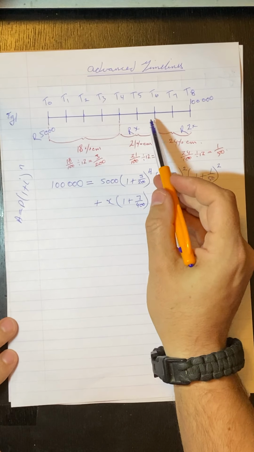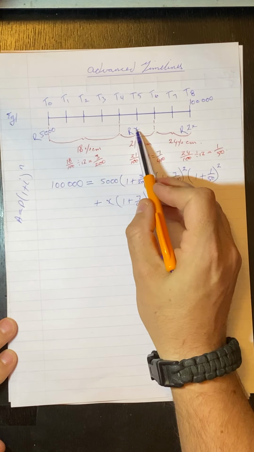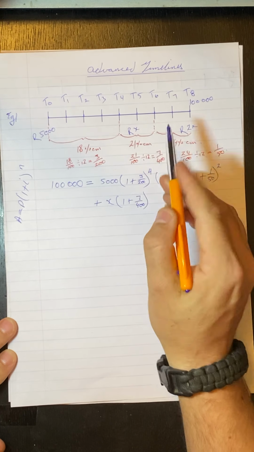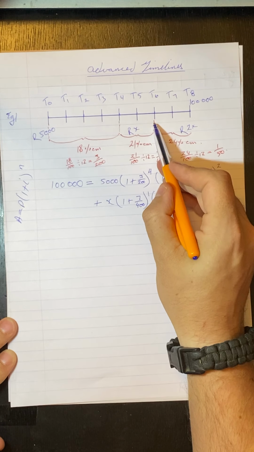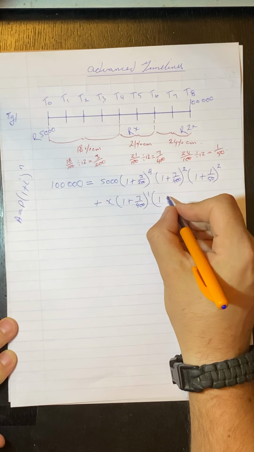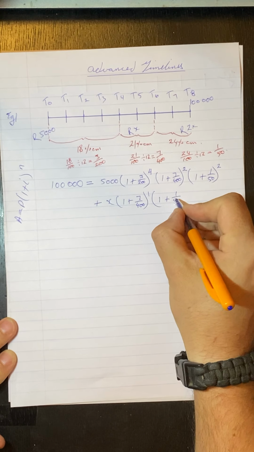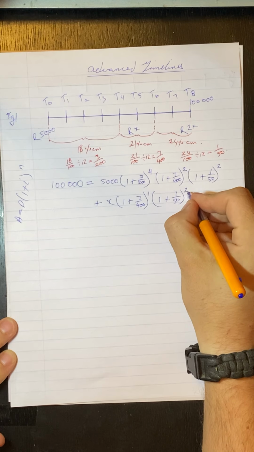Now be very careful here, grade 12s. It is only going 1 time period for that, because this is where we're depositing. So it's only 1 time period. Then it comes to this point, and now it's going through this interest rate over here. So that's 1 plus 1 over 50. And this has gone through 2 time periods.